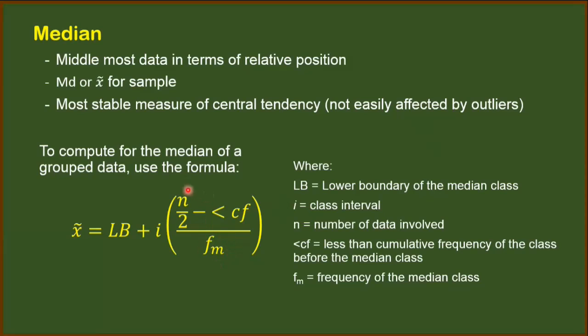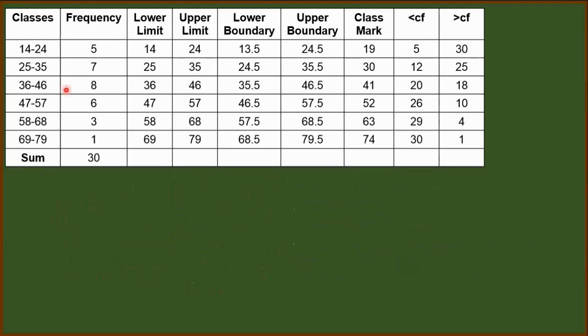So in order to solve for the median, we have to identify the values for each of the quantities involved in our formula. To better understand how this formula works, let's apply it in our example. Suppose we have this frequency distribution table, the one that we used in our video about the mean for group data.